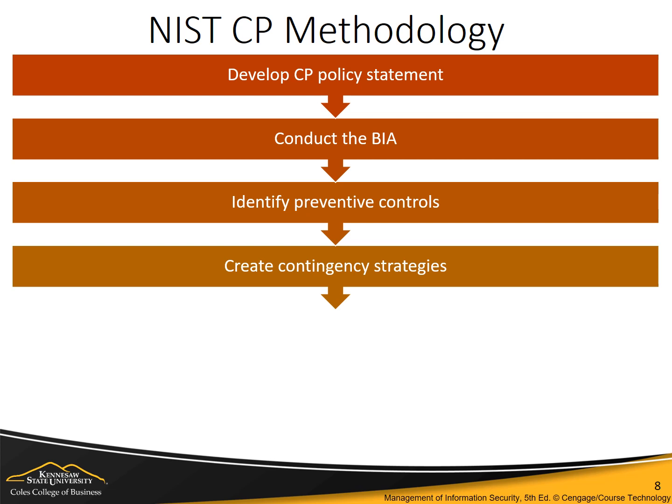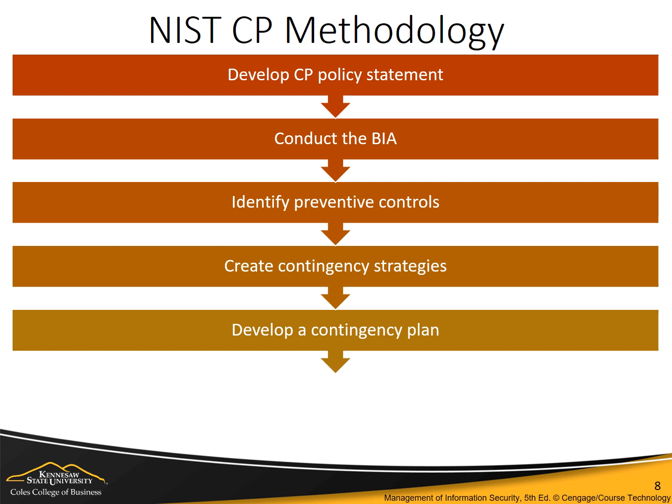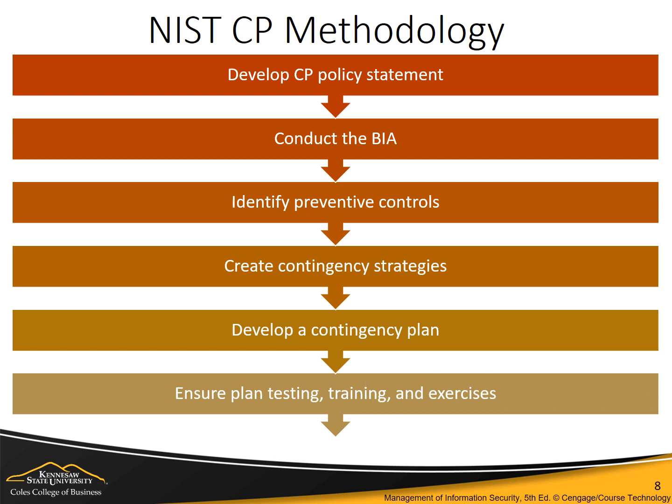Through recovery strategies, you want to ensure that the system may be recovered quickly and effectively following a disruption. 5. Develop a contingency plan. The contingency plan should contain detailed guidance and procedures for restoring damaged organizational facilities unique to each business unit's impact level.